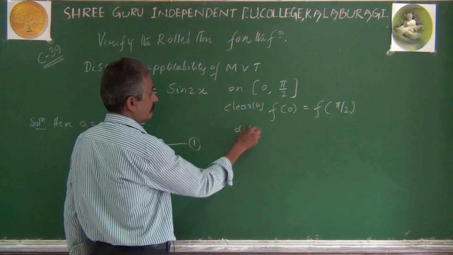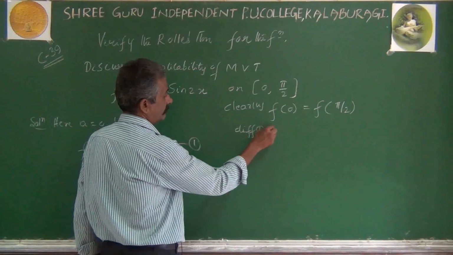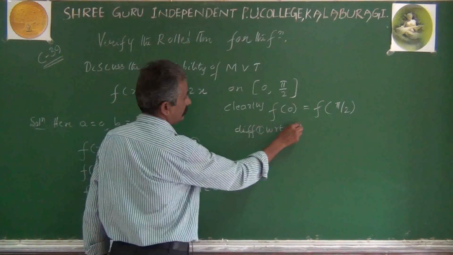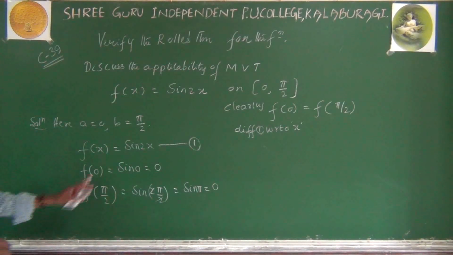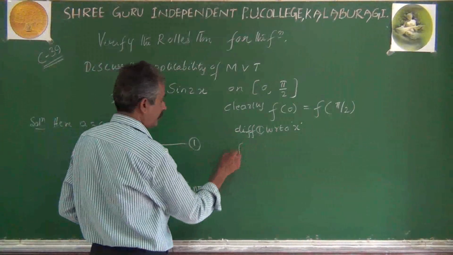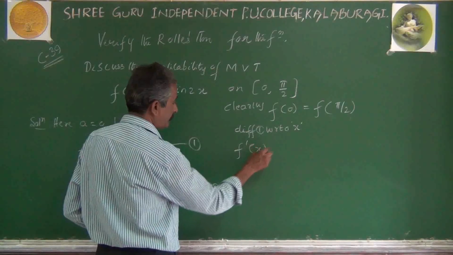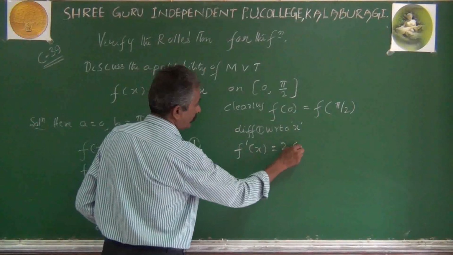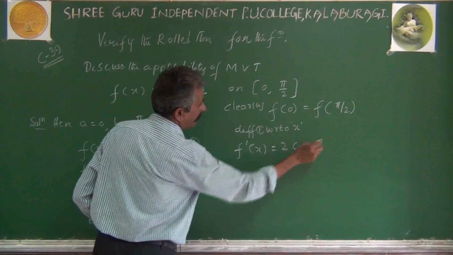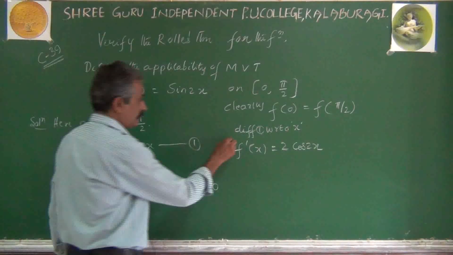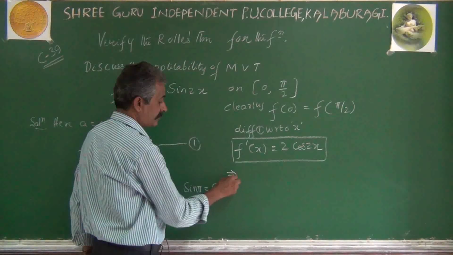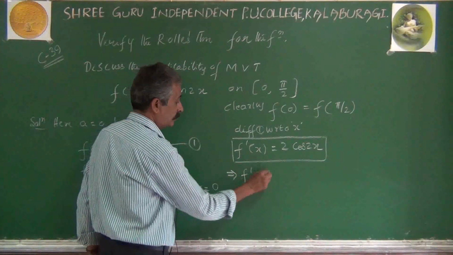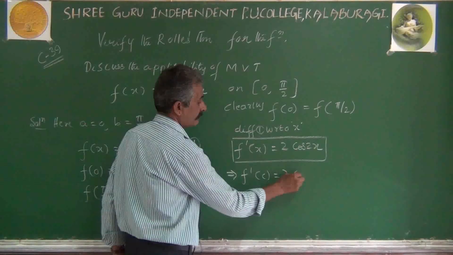Differentiating 1 with respect to x, differentiation of f x becomes f dash x. Differentiation of sin 2x becomes 2 cos 2x, which implies f dash c equal to 2 cos 2c.